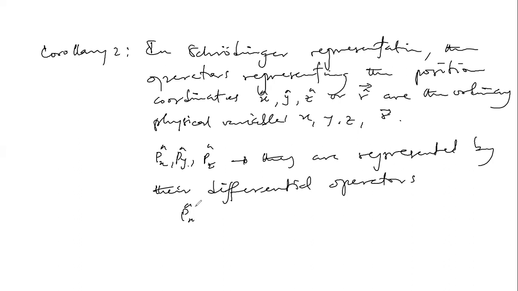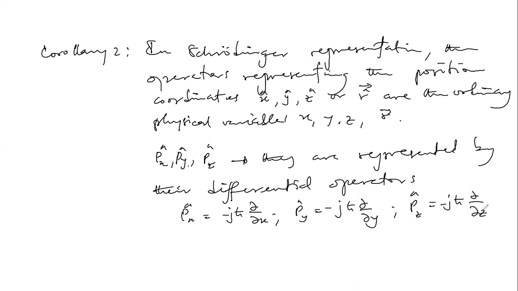That is, Px hat is the same as negative i h-bar d/dx, Py hat is negative i h-bar d/dy, and Pz hat is negative i h-bar d/dz. So technically, the momentum can be represented as negative i h-bar nabla, which we have been playing with ever since, okay?